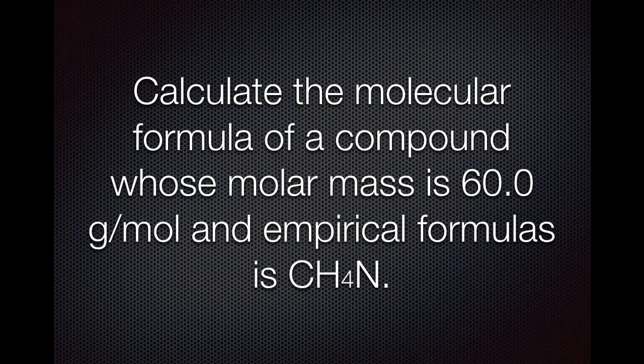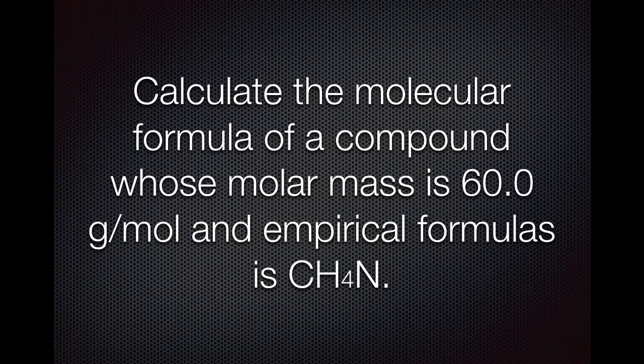It says, calculate the molecular formula of a compound whose molar mass is 60.0 grams per mole, and empirical formula is CH4N. So this is pretty vague. You know that you have 60.0 grams per mole of this compound, composed of carbon, hydrogen, and nitrogen, CH4N.